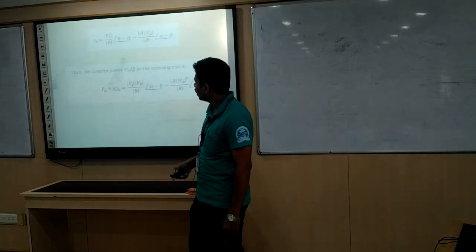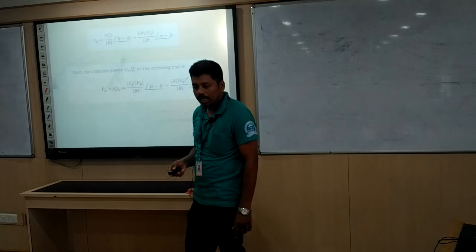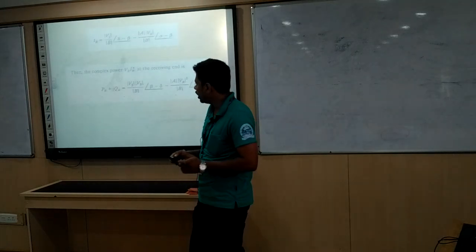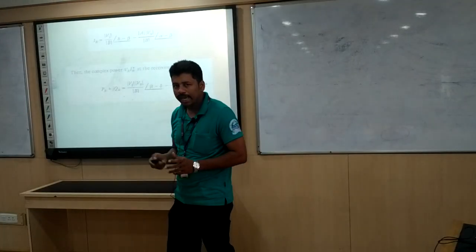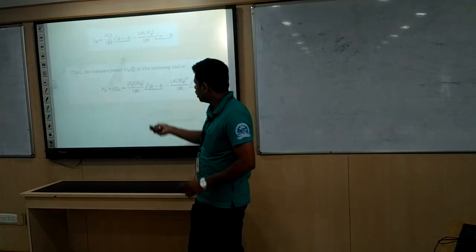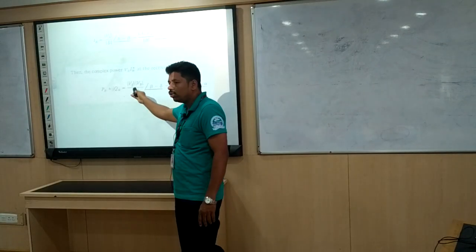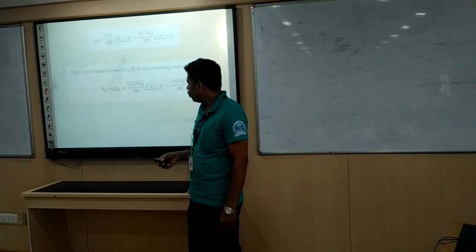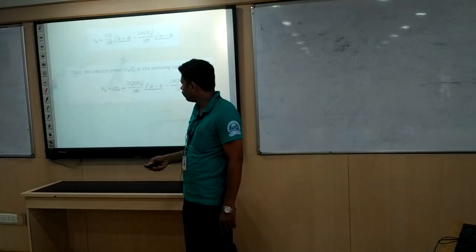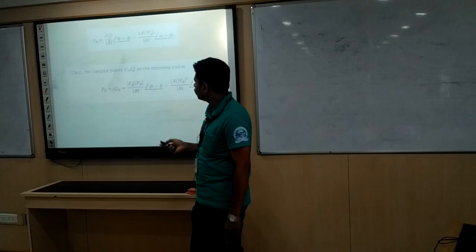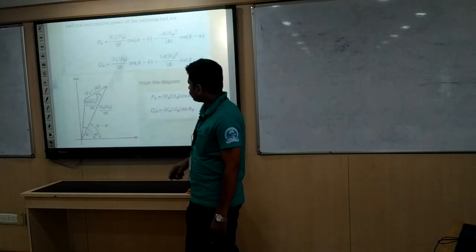Here we consider that alpha and beta are the angles of the constants: A, B, C, D are the constants, A at an angle of alpha, B at an angle of beta. Vs is the sending end voltage, VR is the receiving end voltage. Both these voltages should be line values, and B is the equivalent impedance, normally in ohms.